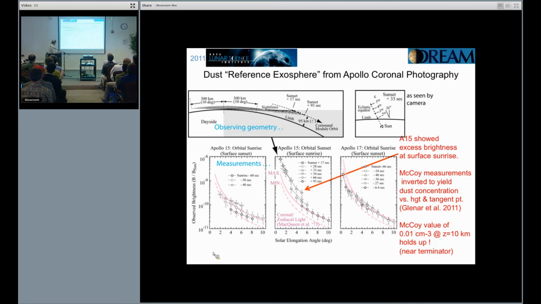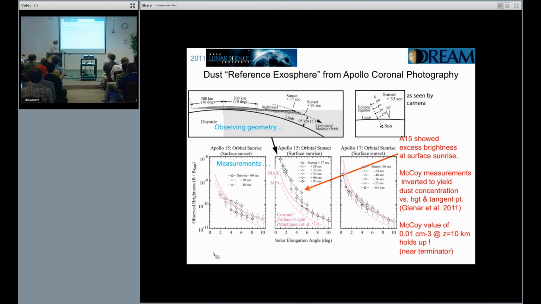What we've done recently is take another look at that, and we realize we've got excess brightness quantified at several distances away from the limb and at multiple elongation angles. You can invert that, given the error bars, to retrieve dust concentration versus both height and tangent point. There's no time to get into the model results; there are a bunch of retrieval profiles.